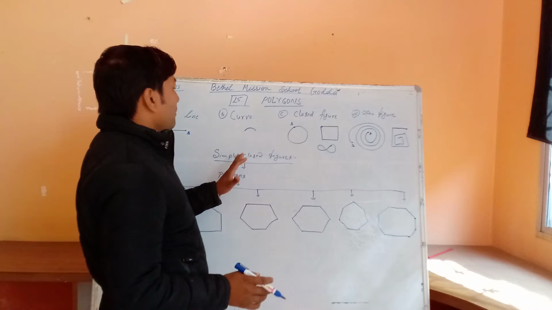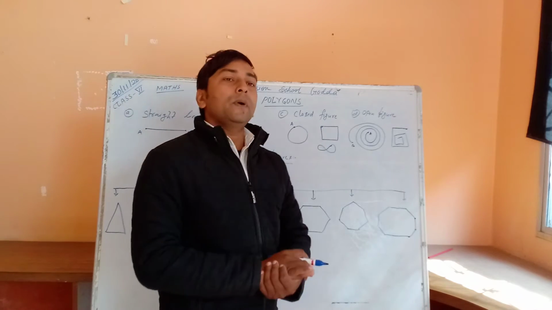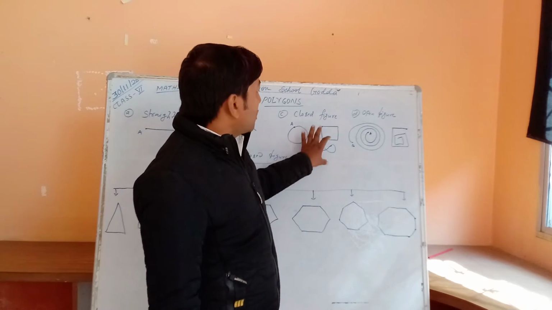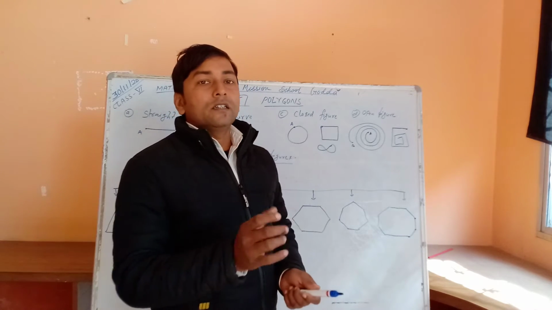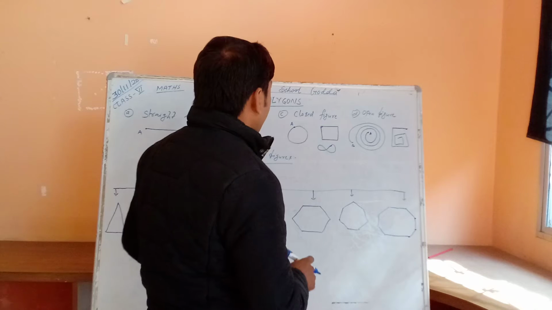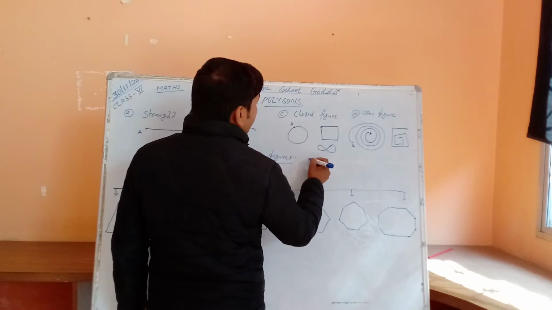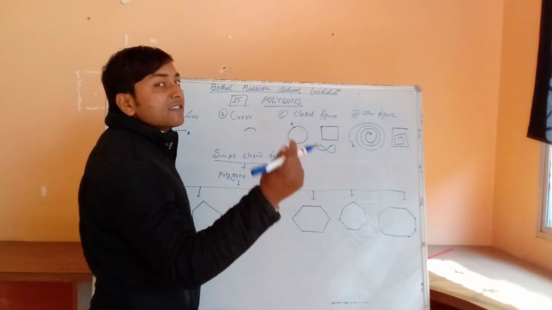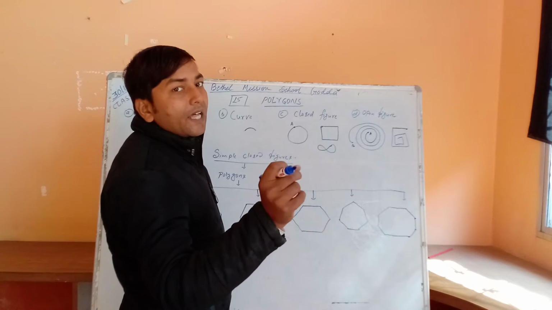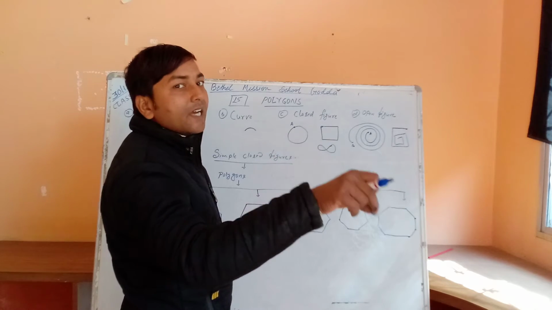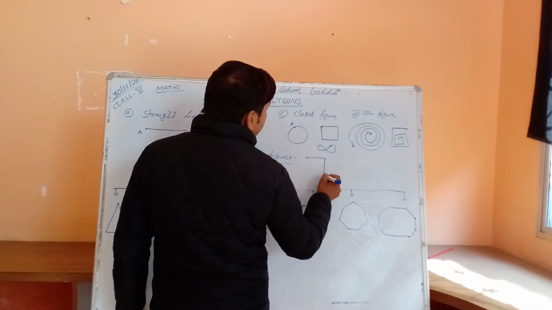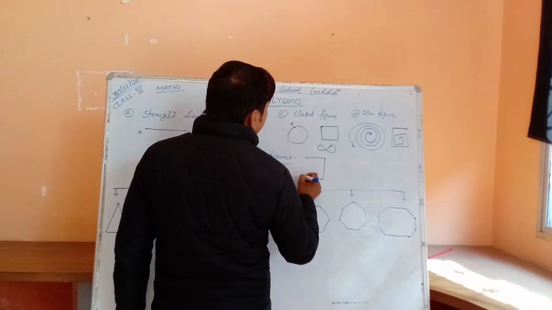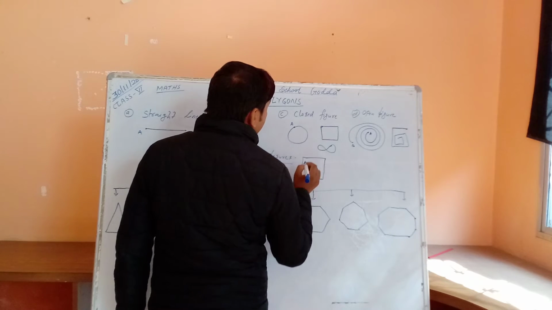Now we talk about a simple closed figure. What is a simple closed figure? In a closed figure, when the line does not cut or intersect itself, it is called a simple closed figure.